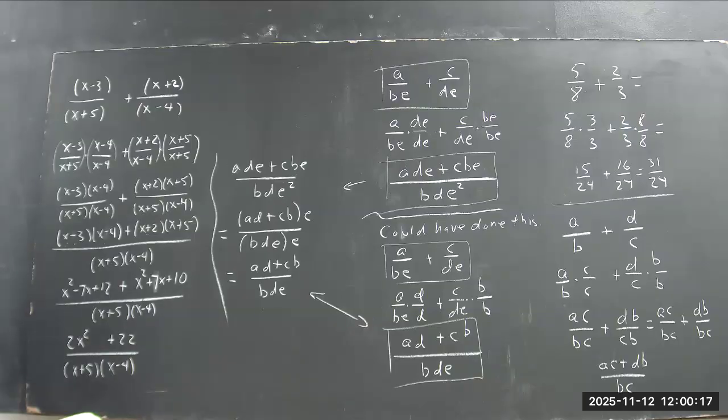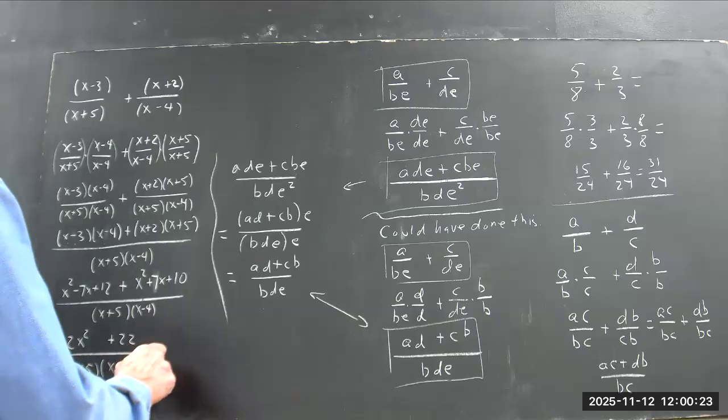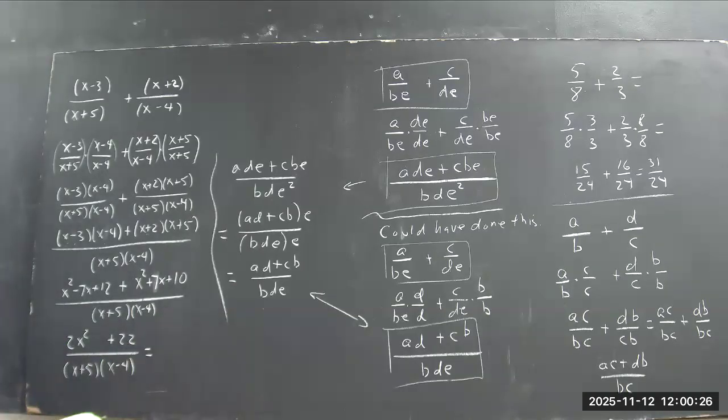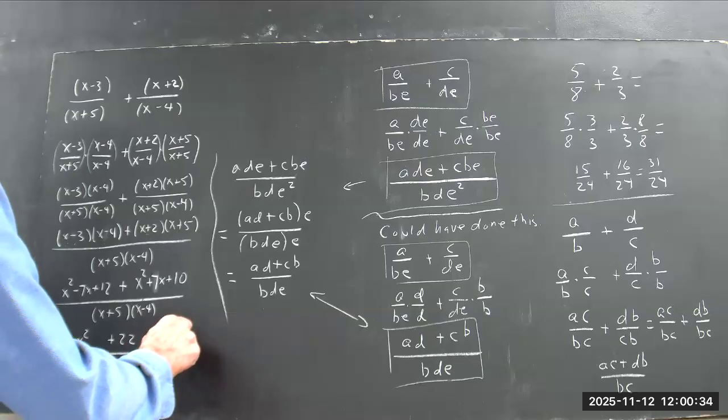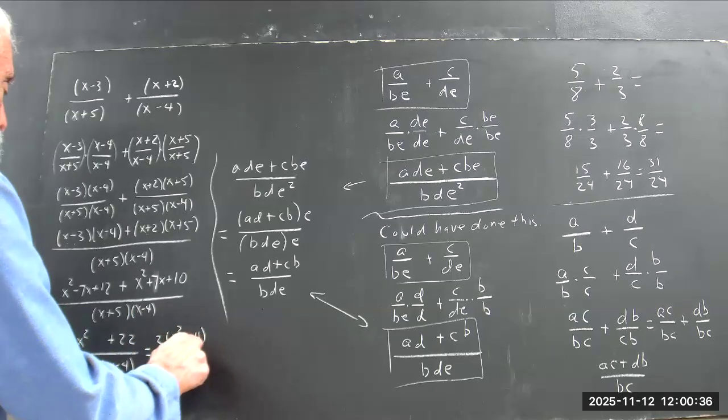We generally want to factor the numerator if possible. And we can do a little bit of factoring in the numerator. We've got 2x squared plus 22. We could factor 2 out of that, so that's 2 times x squared plus 11.